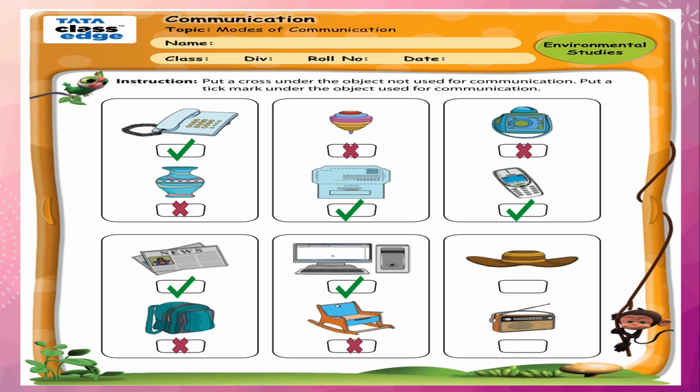And in the last set of picture you can see hat and radio. So hat is not used as a means of communication, so we will put a cross, and radio is used for means of communication, so we will put a tick. So like this, students, you have to complete worksheet number 3.